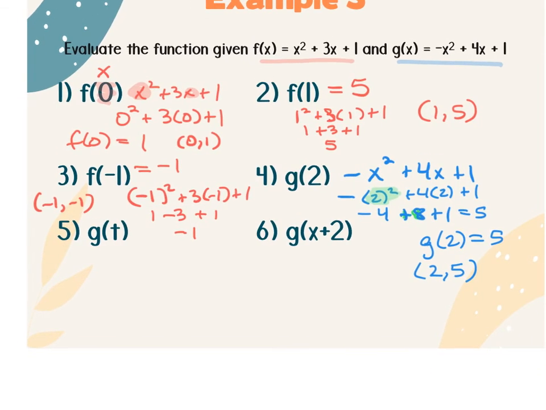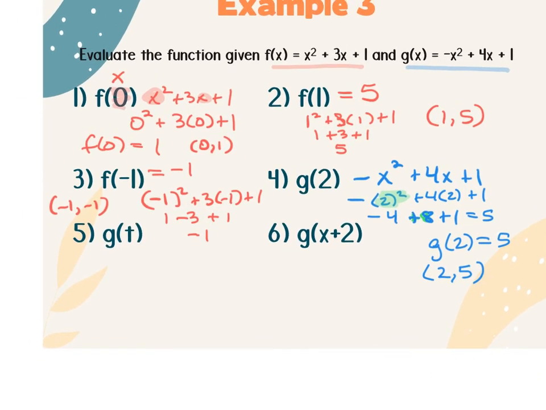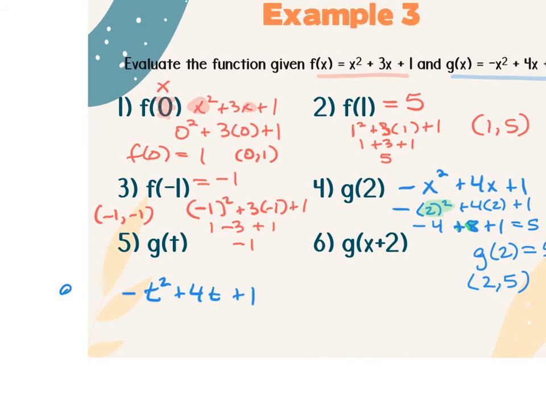For the next one, this time I'm replacing t. So really all I'm going to do is change all those x's to t's. So it's just going to become -t squared plus 4t plus 1, and I'm done. So that's what g of t equals. I'm not trying to make it a value because I don't know what t is.